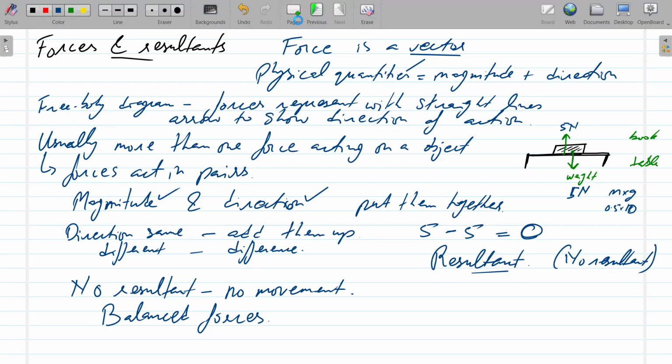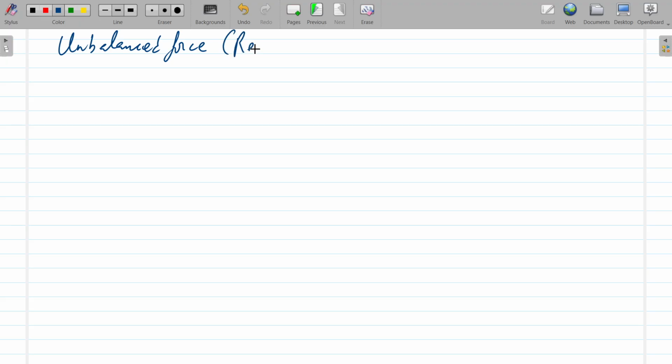In case the forces are not balancing out, they would be called unbalanced forces. An unbalanced force, that is what a resultant is. So the illustration that is used to explain that is, for example, there's a box, and in one particular case there are 2 forces acting in the same direction on that box.